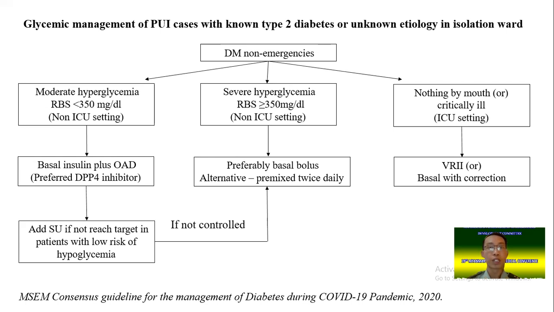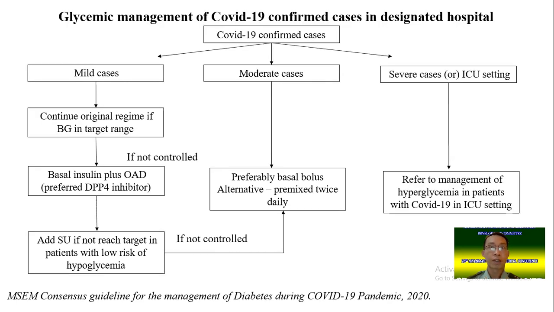If the patient's RBS is more than or equal to 350 milligram per deciliter, we can treat with basal bolus, and premixed twice daily is the alternative regimen. If the patient is critically ill, then we should use a variable rate insulin infusion or basal with an infusion regimen.